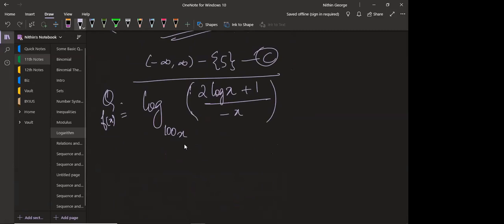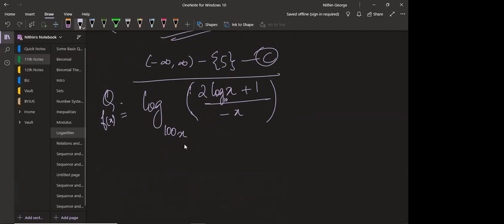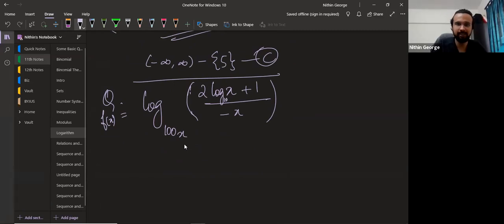In the bracket 2 log x, what's the base, sir? E. I think we assume e, but since 100 is here, we'll take 10. It's not mentioned in the question, but generally it's 10 only. The convention here, at least when I was studying, was this: in your math exam paper, if it's given as log x, it generally means base 10.